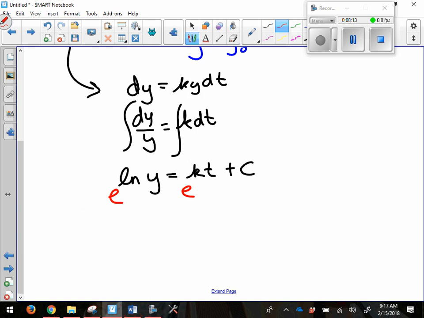So what am I going to get? y. And then this really gives me e to the kt times e to the c, right? Because if I add my exponents, that means that I'm really multiplying the base to each of those powers. Okay, got to remember that trick.